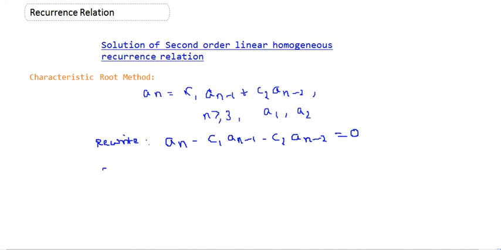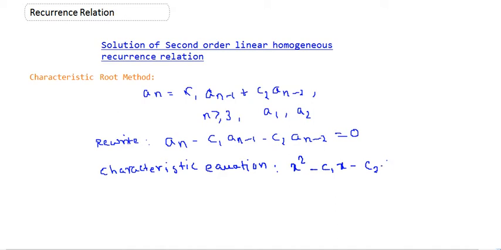So the characteristic equation of the above recurrence relation is, at the position of an we write x square, minus c1, at the position of an minus 1 we write x, and at the position of an minus 2 we just put 1.